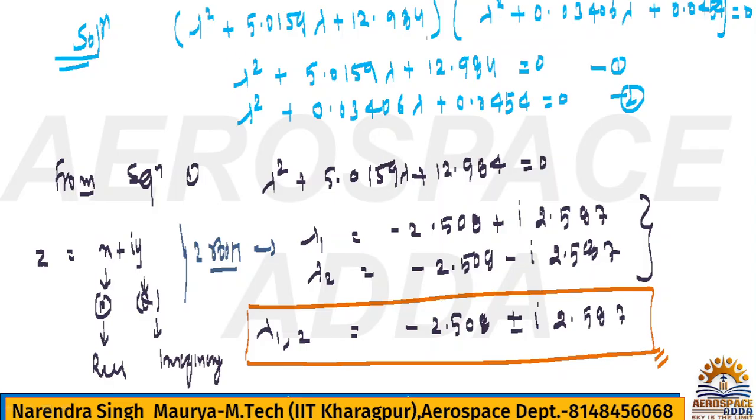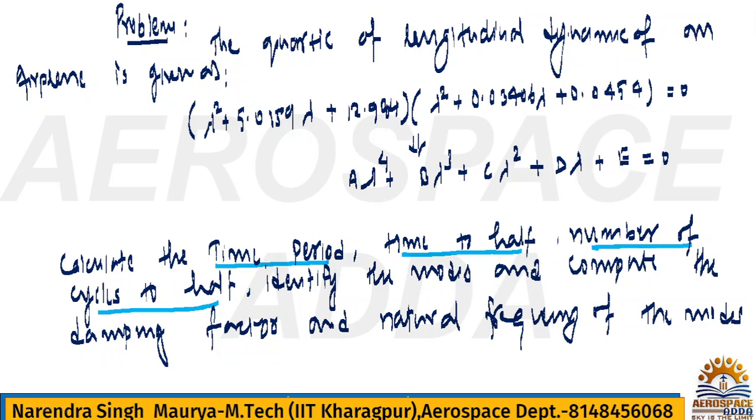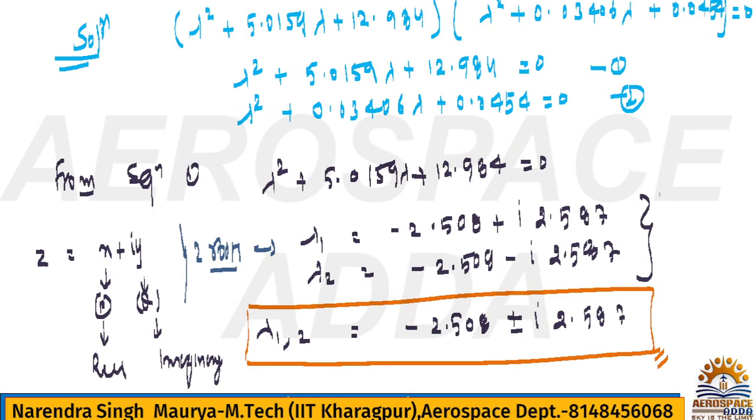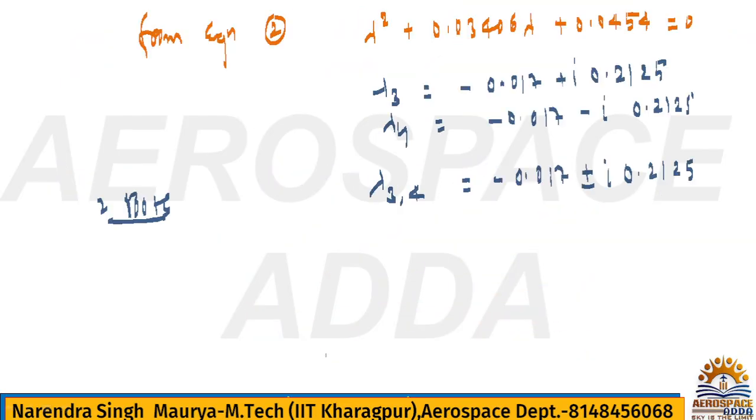Once you open the equation, you will get the standard format, lambda to power 4 terms, which is the characteristic equation for the longitudinal dynamic stability. So if the power is 4, then you have four roots: lambda 1, lambda 2, lambda 3, lambda 4.